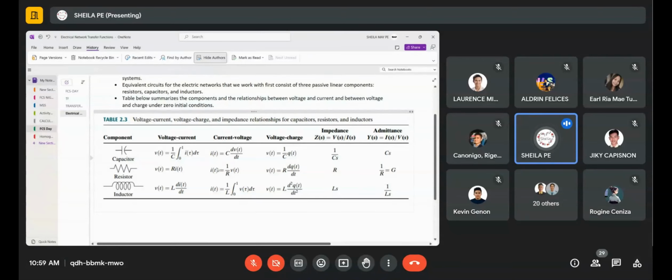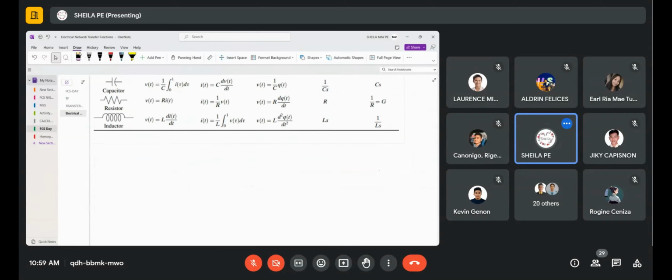So for example, if we have IT flowing here and we have our L, and we take the output across our L. So this is our V of t, and this one here is our input and output.